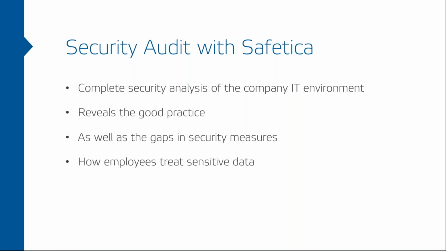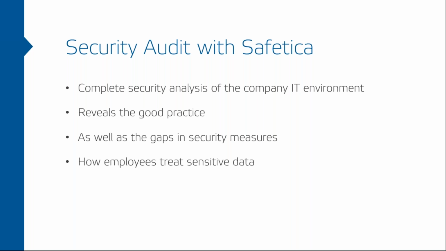So security audit, this is something you might already have heard of, or you might be familiar with another name, which is called proof of concept. This is something we strongly recommend for all our partners to do, because this presents all security best practices. It introduces Safetica.